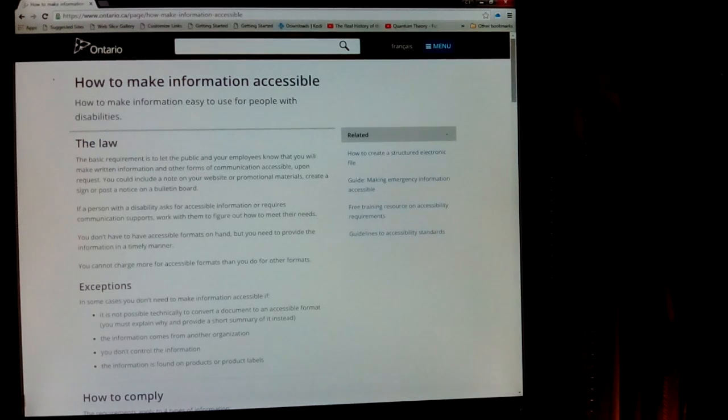So the website or the link is www.ontario.ca/page/how-make-information-accessible. How to make information easy to use for people with disabilities.